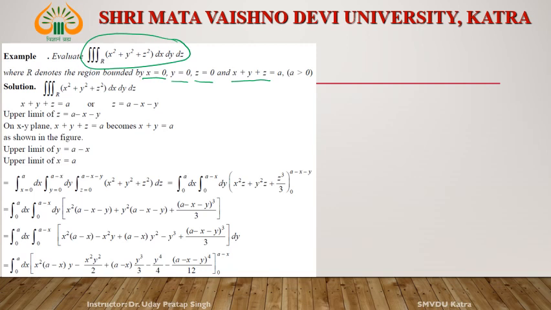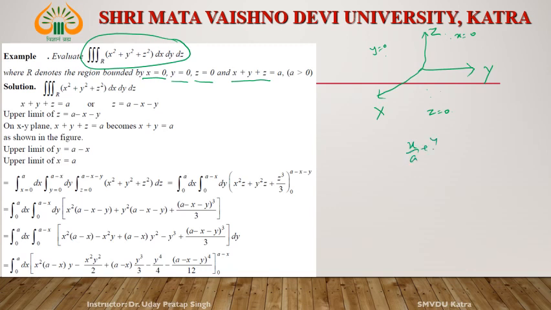See here, this is x, y and z. This plane is z equal to 0, this plane is x equal to 0, and this plane is y equal to 0. These are the coordinate planes. The xz plane means y equal to 0, the yz plane x equal to 0, the xy plane z equal to 0, and one other plane, that is x plus y plus z equal to a.